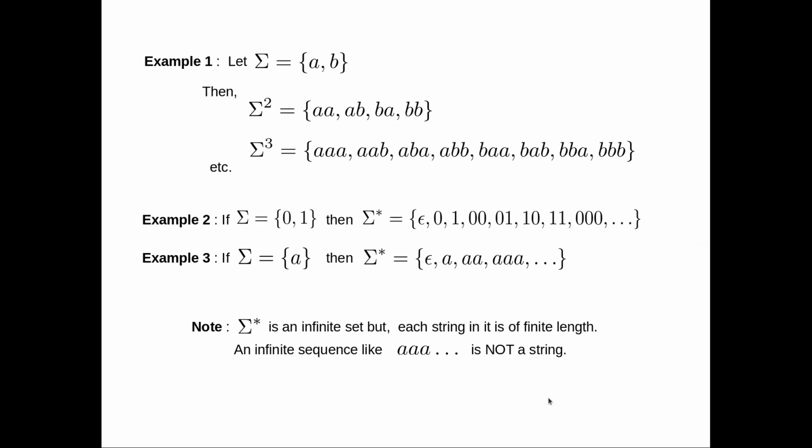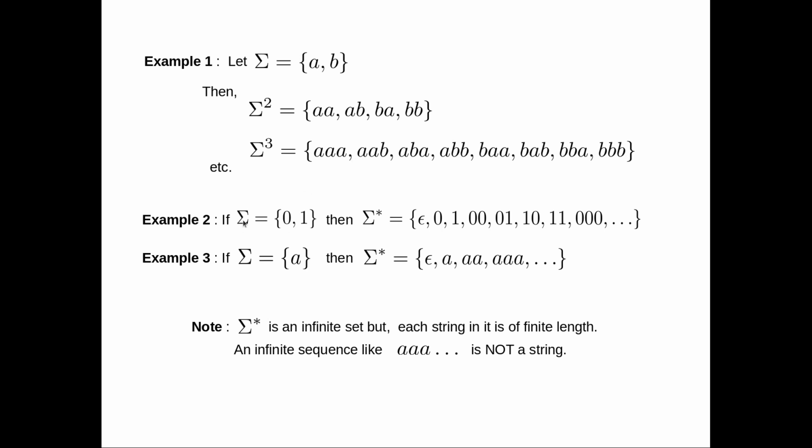So just for an example, if I have this alphabet containing just these two symbols, what will be sigma square? It will be all strings of length 2, and there are only 4 such strings. And again, sigma cube will be all strings of length 3. So this is the set containing 8 strings, of course.